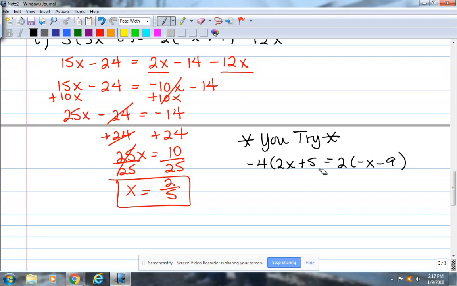Sorry, that parentheses looks funky. I'll fix it. Still does, but you got it.